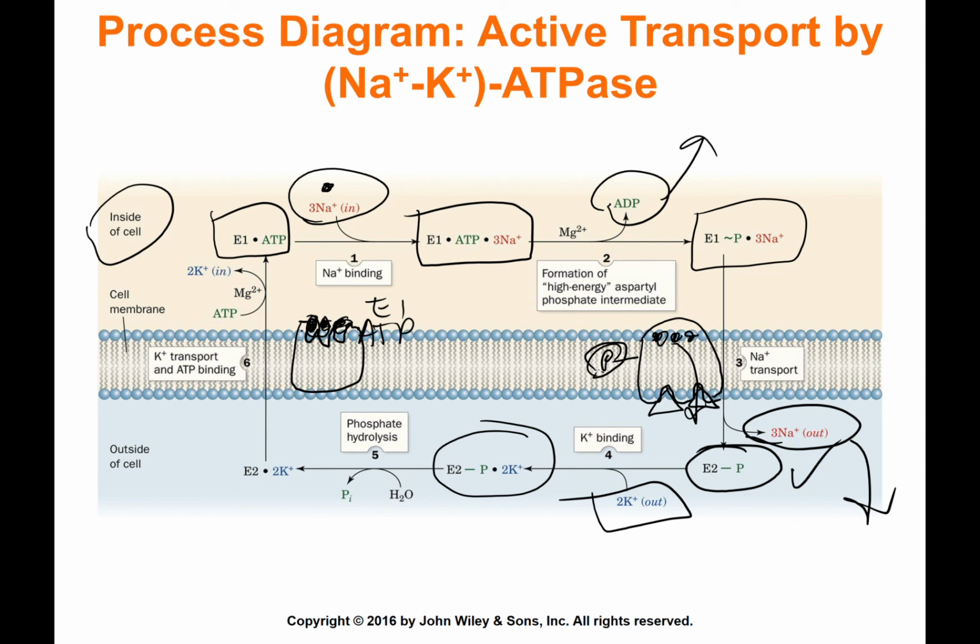As soon as that phosphate is removed down here at step 5, the protein no longer has its phosphate group, so it reverts to its E1 state. This reversion causes the channel to open up for the potassium ions to cross over to the other side of the membrane, and we reset this whole process.